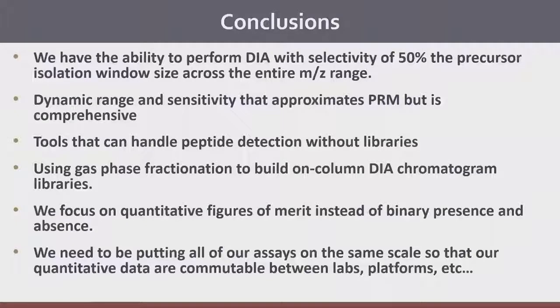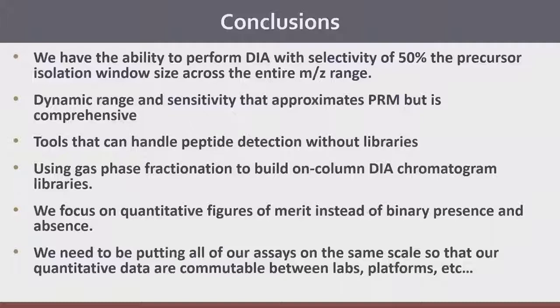So in conclusion, we do have the ability to perform DIA with selectivity of 50% of the precursor isolation window across the entire mass range. We can also do MSX to improve it even a bit more. I believe we're getting dynamic range and sensitivity that approximates PRM, but is comprehensive across the mass range. We have tools that can handle peptide detection without using libraries in a peptide-centric way.